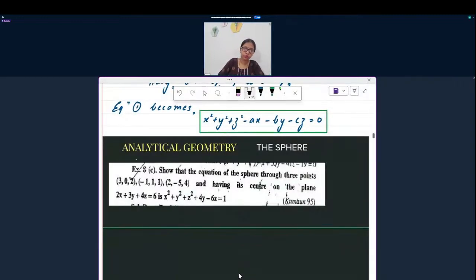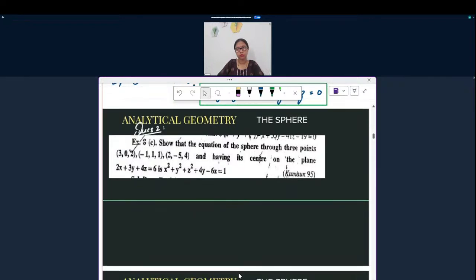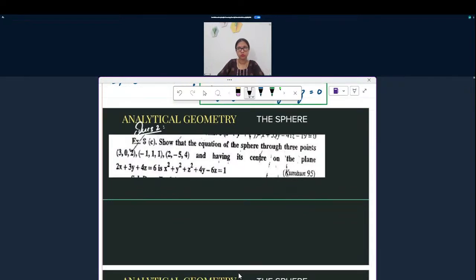Question number 2. Show that the equation of the sphere through 3 points. Now, see, the uniqueness is still there.